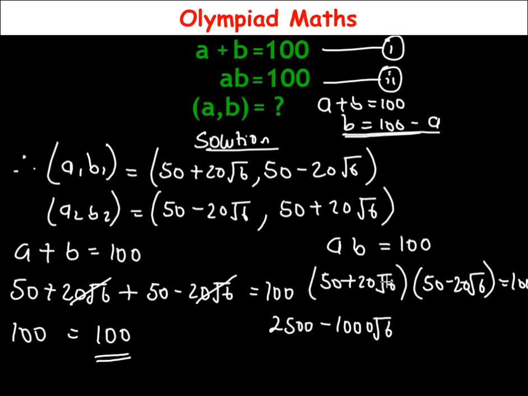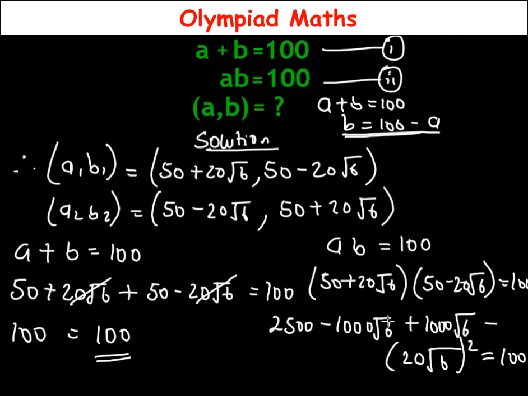Also, plus 20 root 6 times 50 is plus 1,000 root 6, while plus 20 root 6 times minus 20 root 6 is equal to minus, in bracket, 20 root 6 all squared.